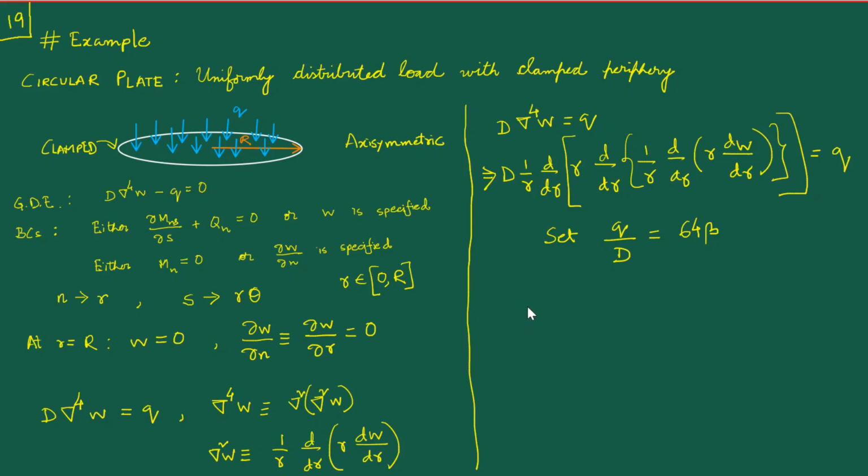Whichever way you do it once, ultimately what you will obtain for the solution form of W, please note that this is not the final solution, is like this: beta r to the power 4 plus A r square ln r plus B ln r plus C r square plus D.